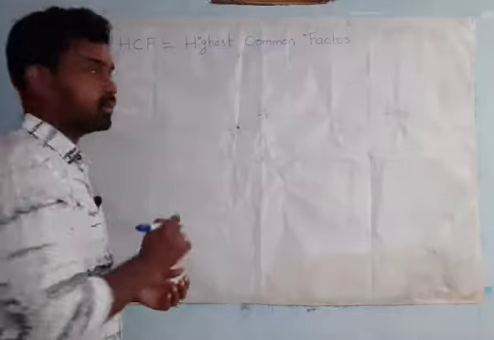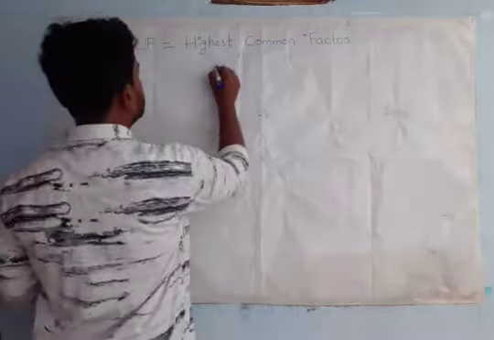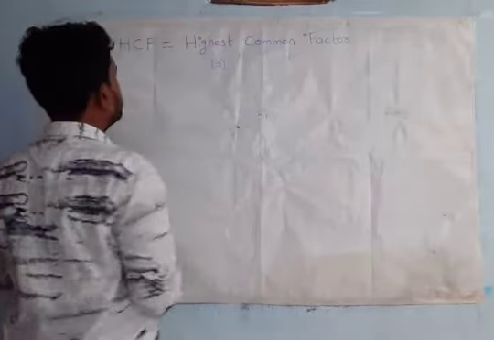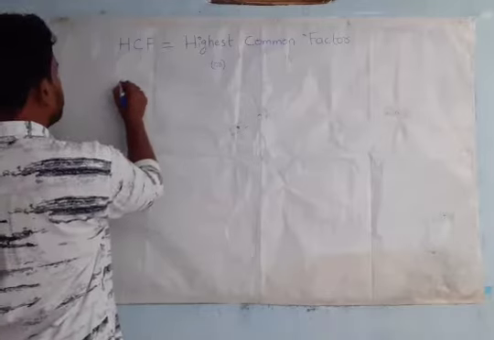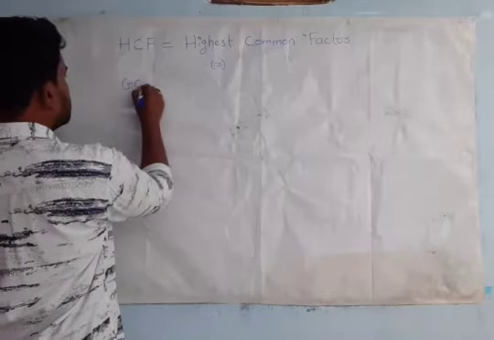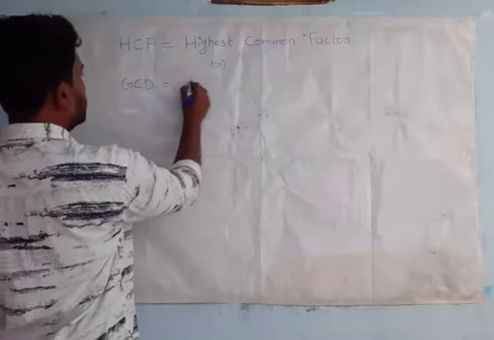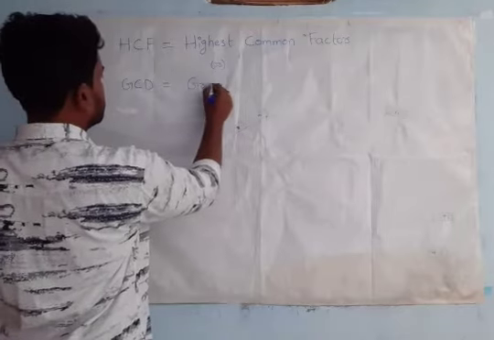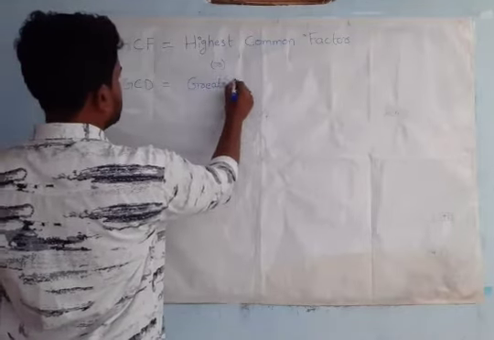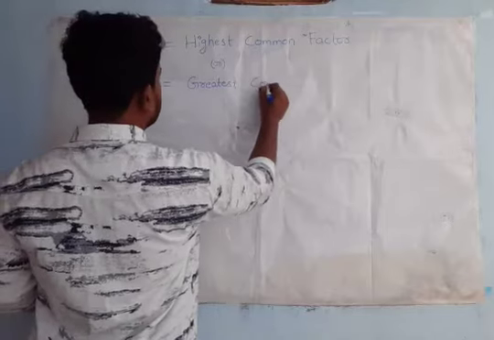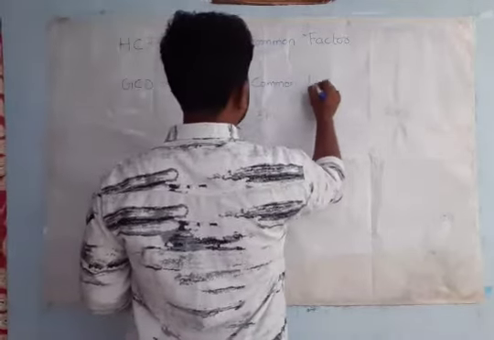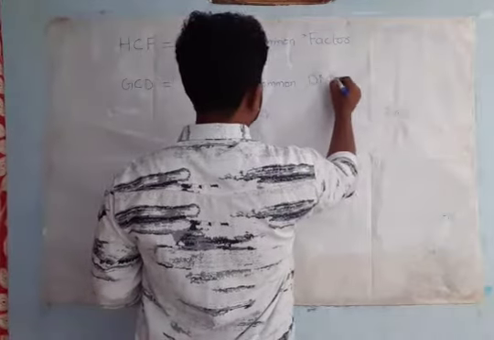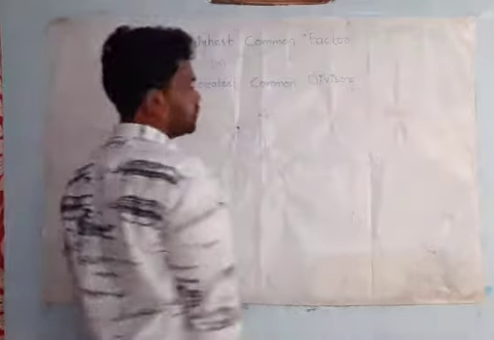GCD. Okay, GCD. HCF is also called GCD. GCD means greatest common divisor. Factors mean divisors only, no?